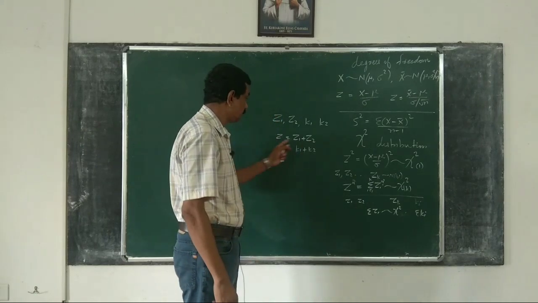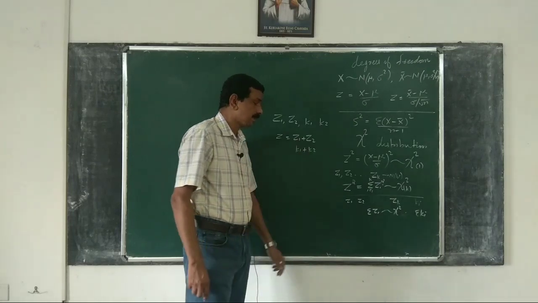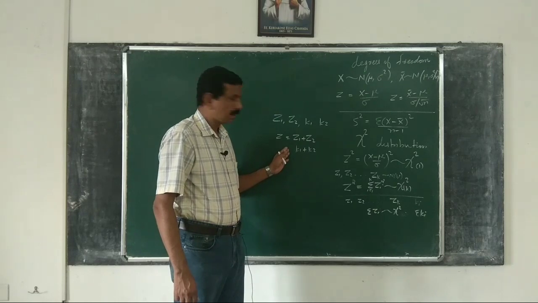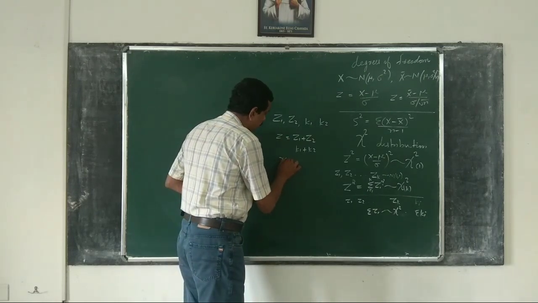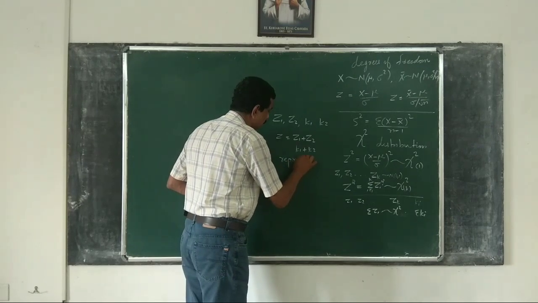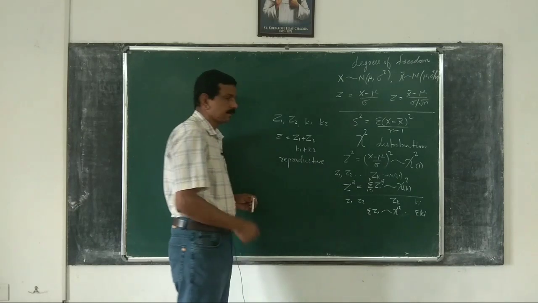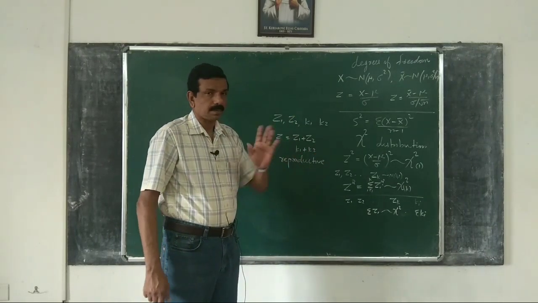This property is known as the reproductive property of the chi-square distribution.